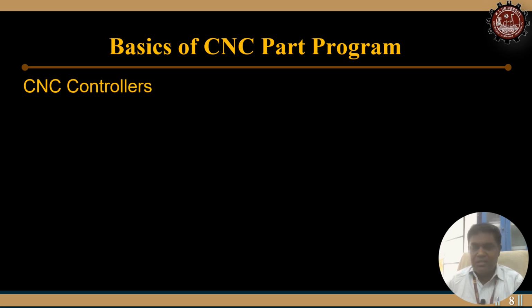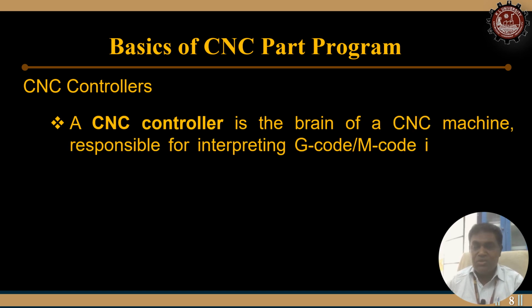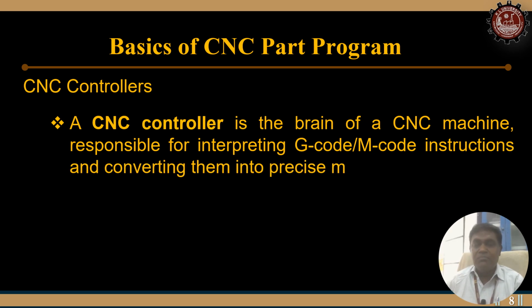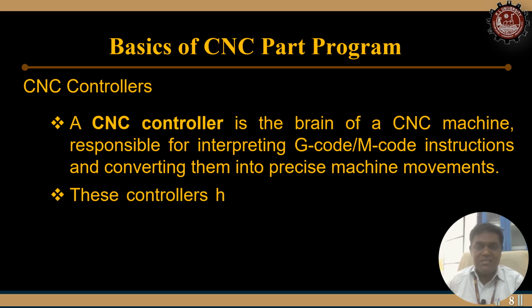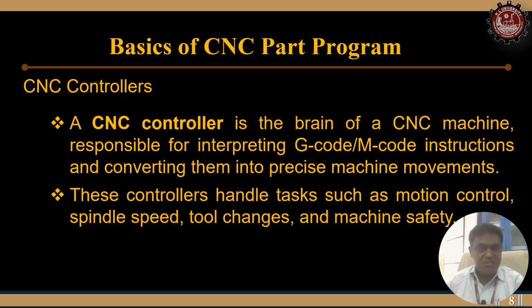CNC controllers. What are the different controllers? A CNC controller is the brain of a CNC machine, responsible for interpreting G code and M code instructions and converting them into precise machine movements. These controllers handle tasks such as motion control, spindle speed, tool change, and machine safety.